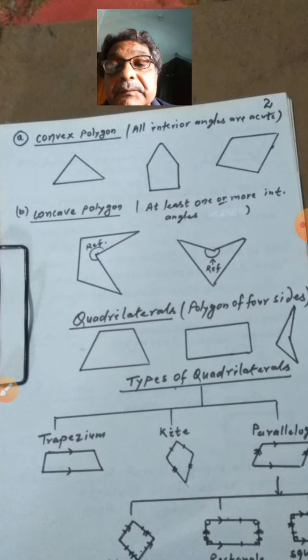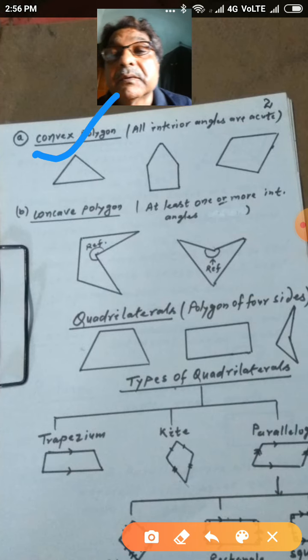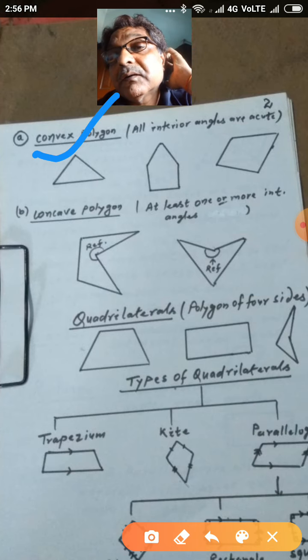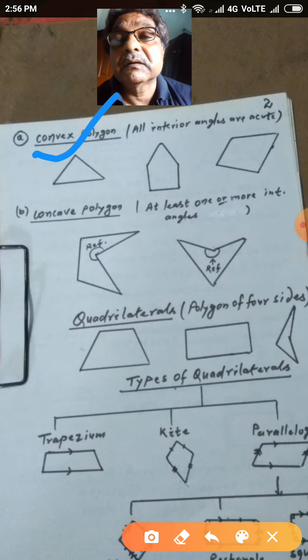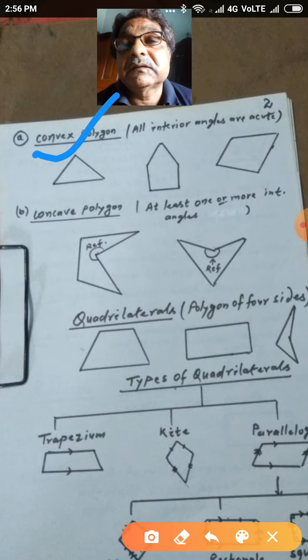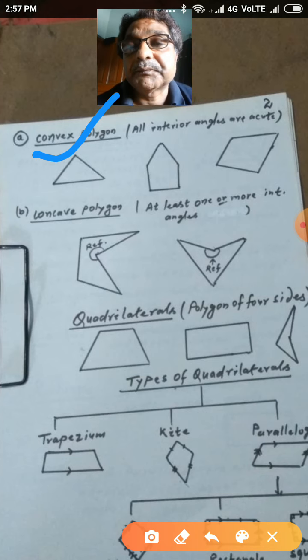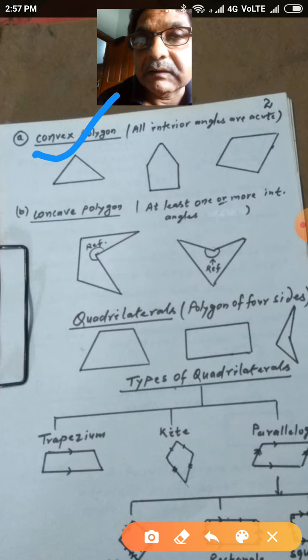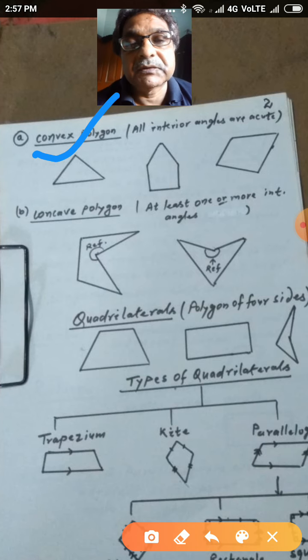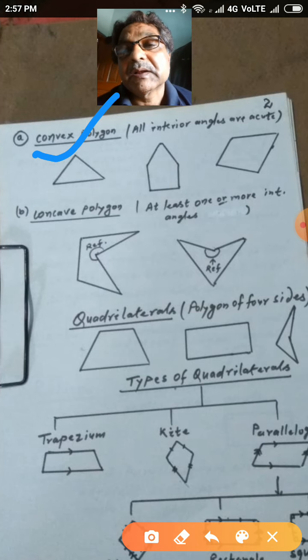Let us see. First type is convex polygon, where such polygons are listed whose each interior angle is either acute or obtuse. It means polygons whose all interior angles are either acute or obtuse, that is less than 180.